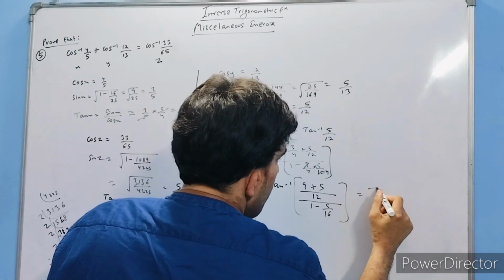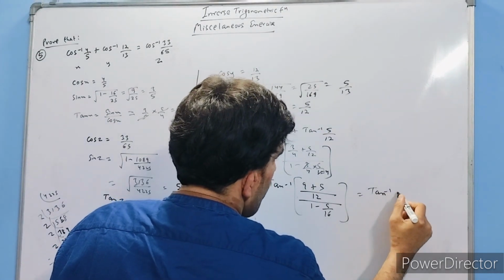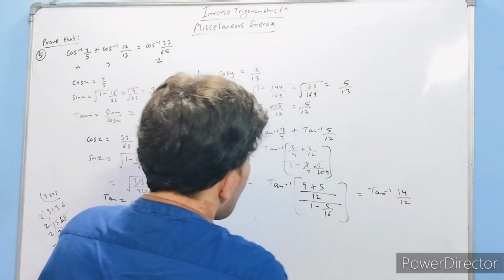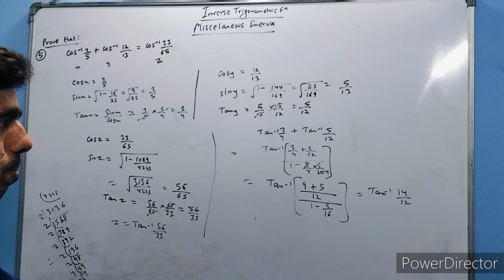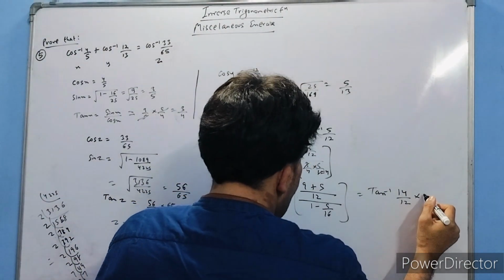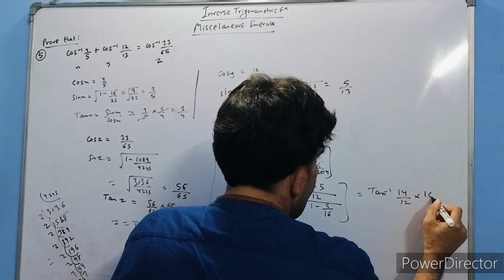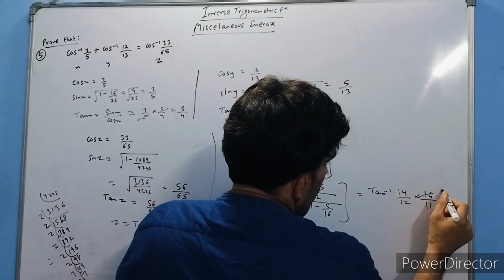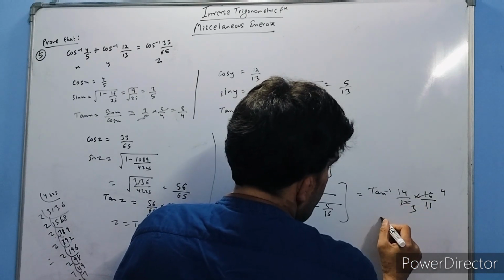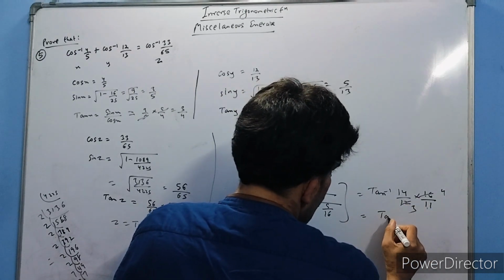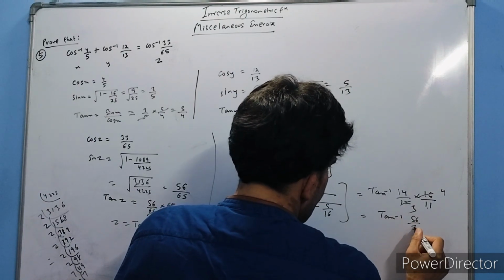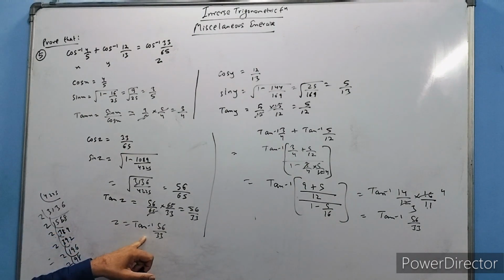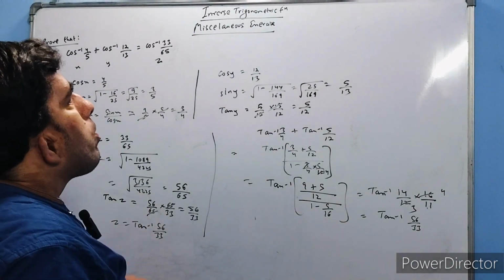So I have tan inverse 12 upon 16 upon 11. So we got here tan inverse 56 upon 33, which I have found. So that is how we try to solve it.